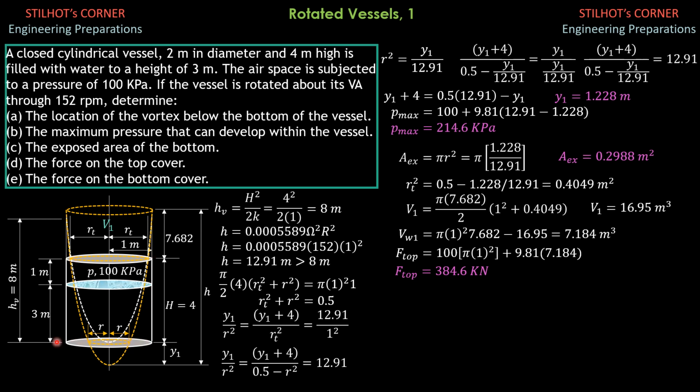Now, common sense suggests that that volume is supposedly the original volume of water inside the tank, which is pi 1 square times the depth, which is 3. So therefore, pi 1 square times 3 is 3 pi cubic units.